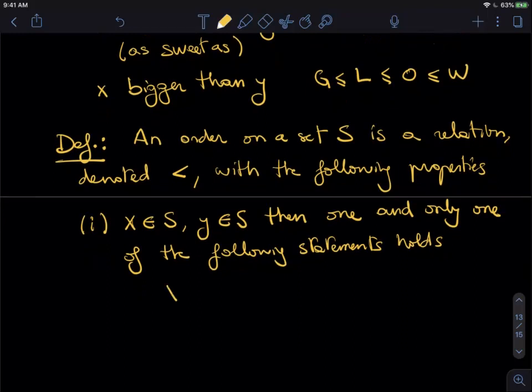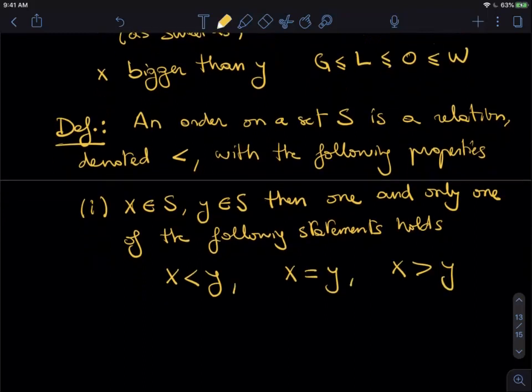So there are three possibilities. Either X is less than Y, or X is equal to Y, or X is bigger than Y. So only one of these can be true at once.